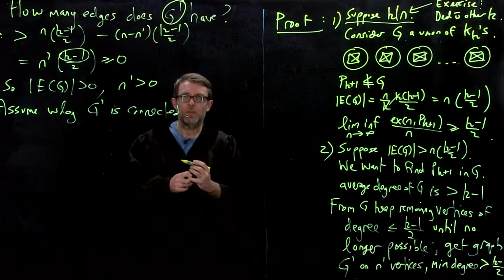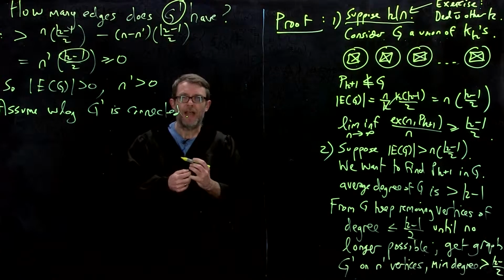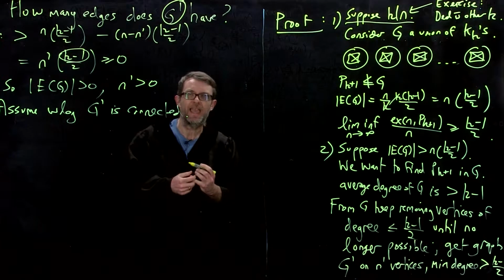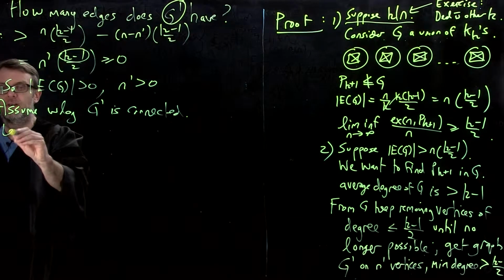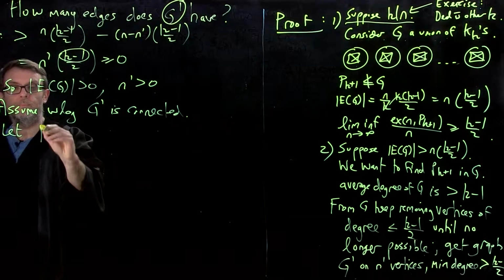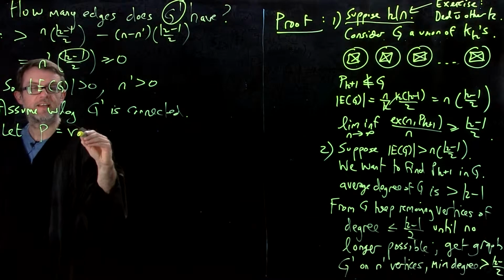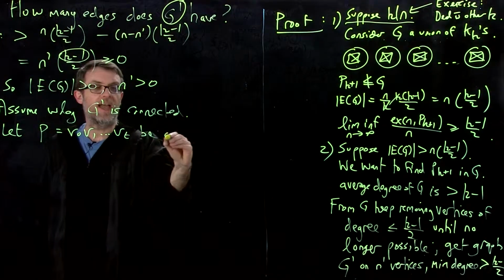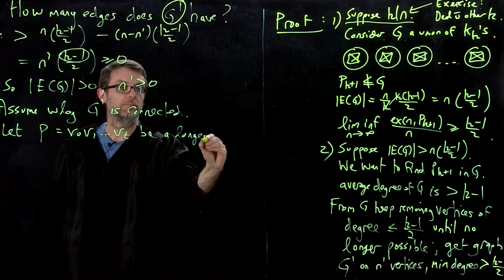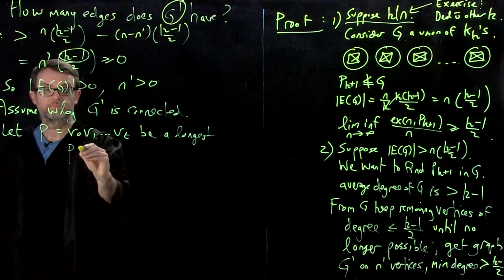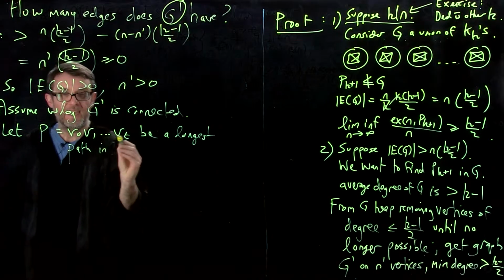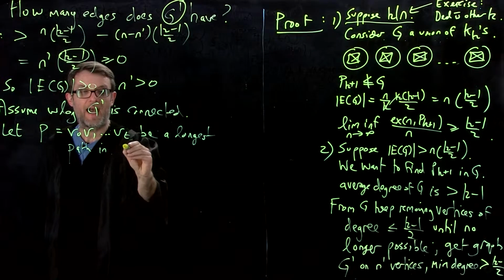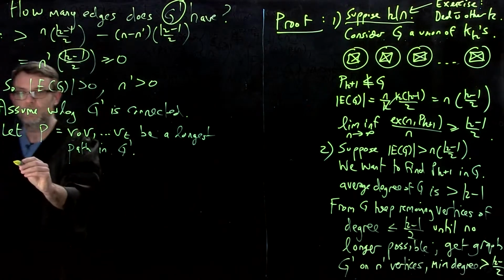Okay, and now what I want to do is show that G prime has a long path, a path on k edges. So let P, which has vertices, let's say V0, V1 up to Vt, be a longest path in G prime.